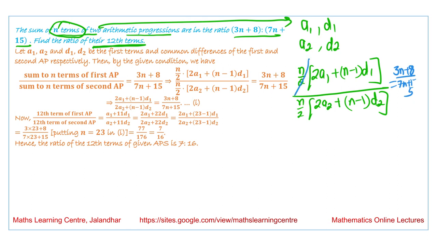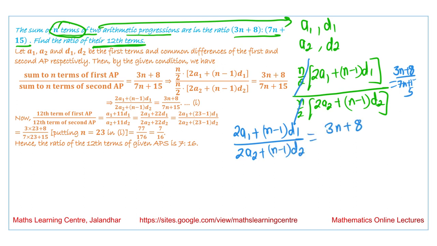If this n by 2 gets cancelled, what we are left with is 2a1 plus n minus 1 d1 divided by 2a2 plus n minus 1 d2, which is equal to 3n plus 8 divided by 7n plus 15.